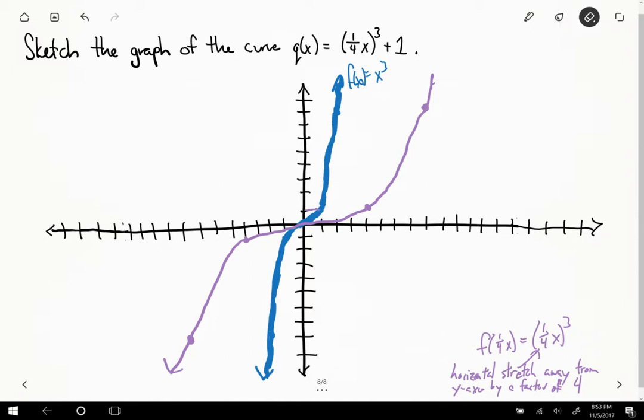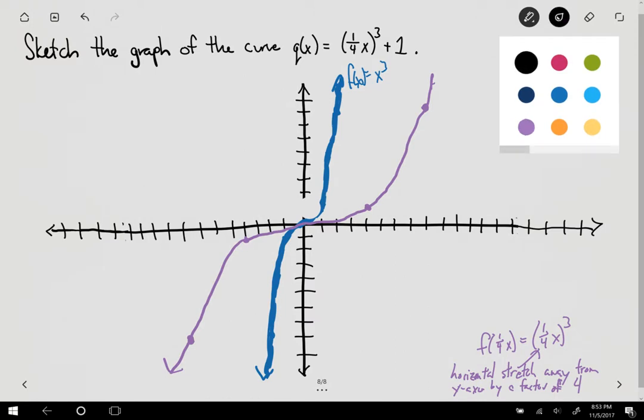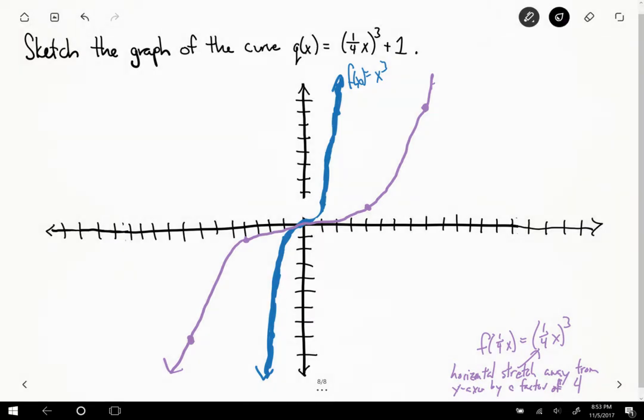Okay, and I'll erase that little purple line. Oops, put the black back in there.